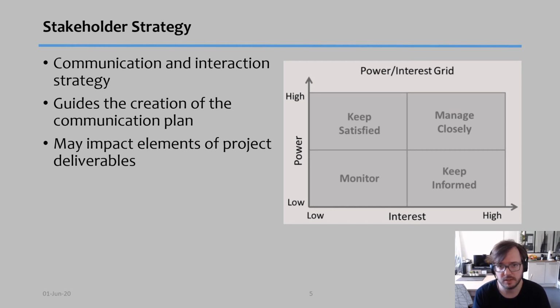Next, we have someone that has low power but a very high interest in your project. We use a strategy here called keep them informed. In other words, provide them with the necessary information to keep their interest up, because someone interested in your project is something positive, and you want that interest to stay positive.